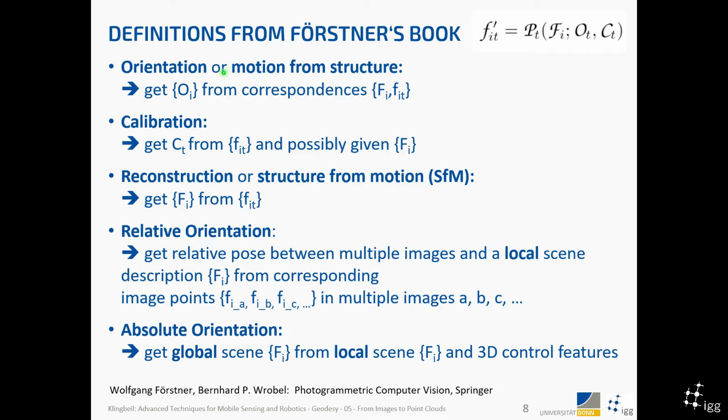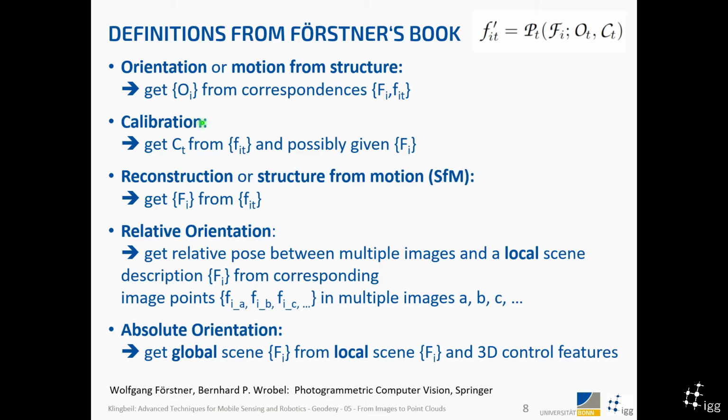If we now try to get the orientation from the structure, then this is called motion from structure, or estimating the orientation. That means we try to estimate the external parameters of the camera from correspondences between image features and object features.